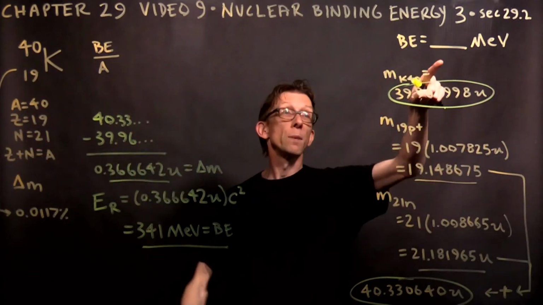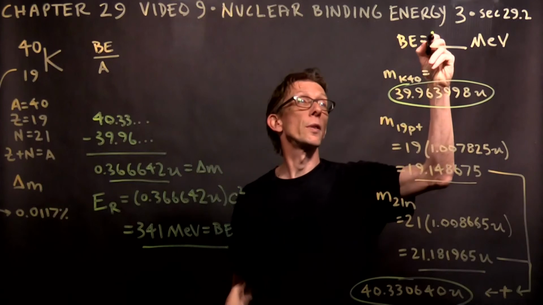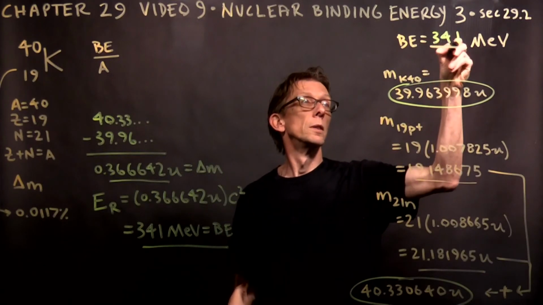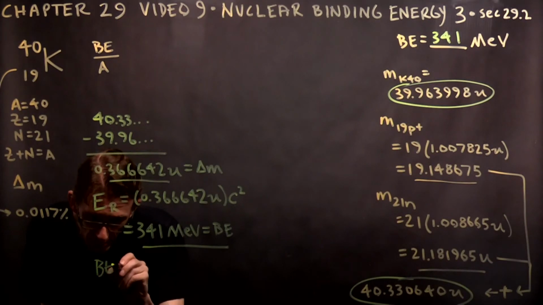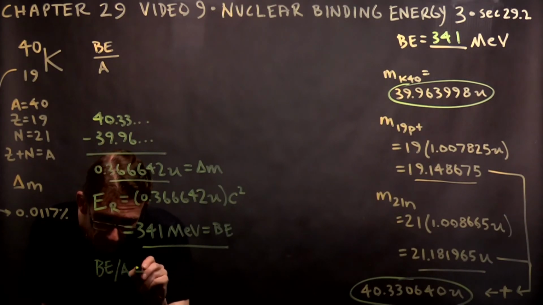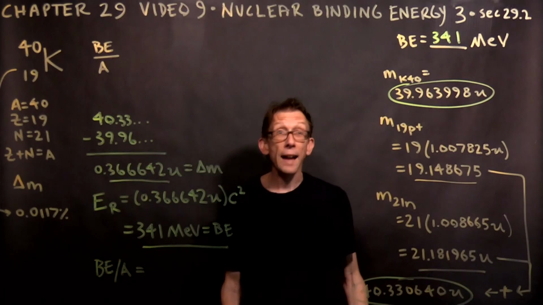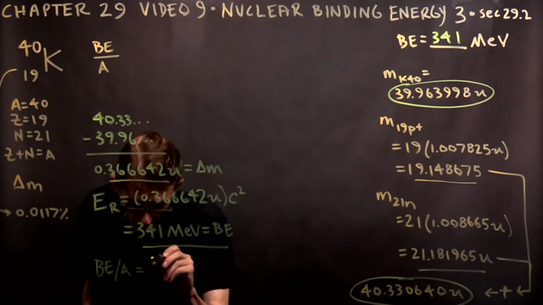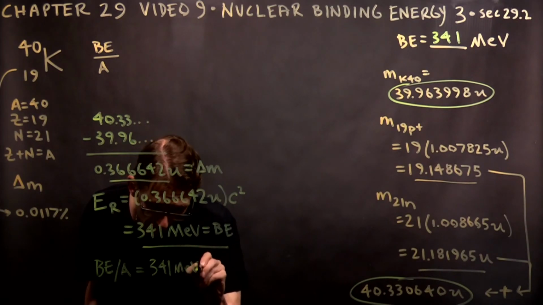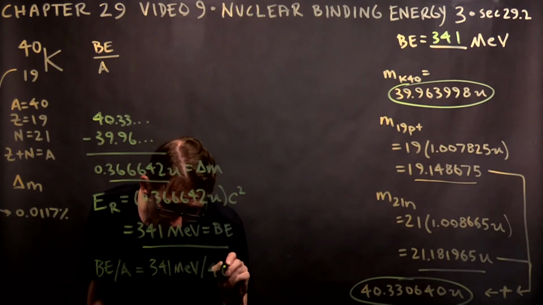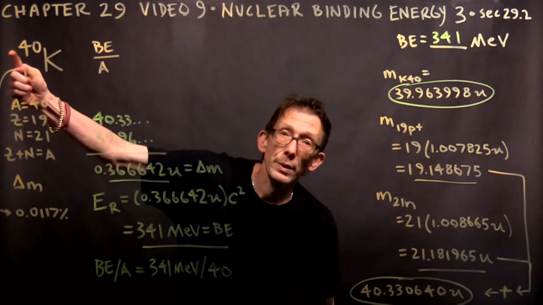But what we're asking for is the binding energy per nucleon. Oh, this is our 341. Now what we want is the binding energy per nucleon, BE divided by A. And that is simple. That is 341 MeV divided by 40, because we're talking about potassium-40.